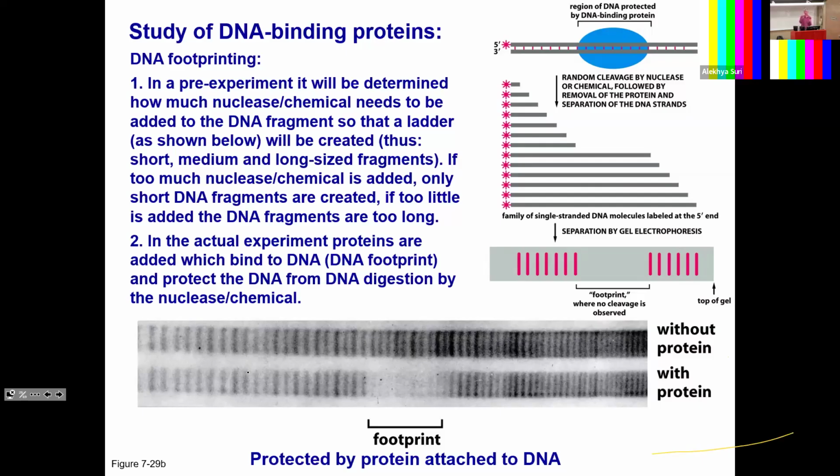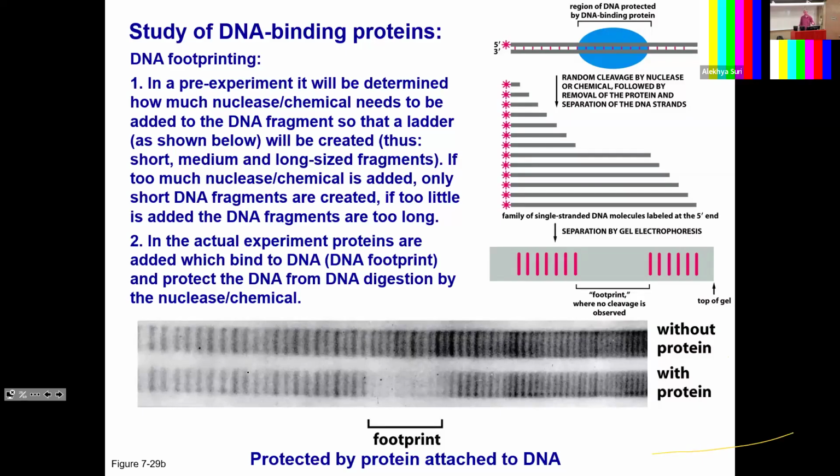If you add a certain amount of nuclease, that will cut one fragment, and the other fragment at different sites, you would get this ladder. So this is the first experiment you have to do.